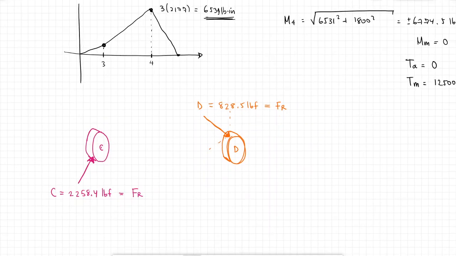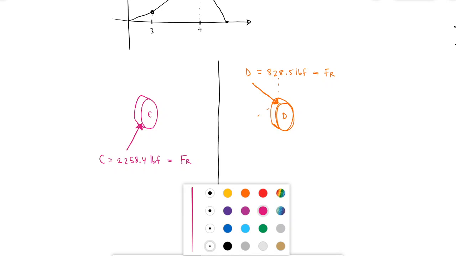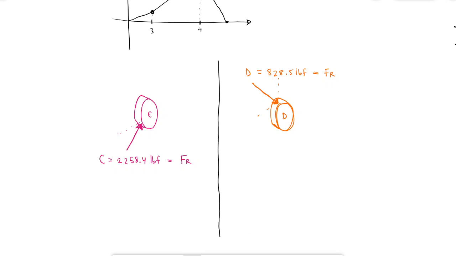We have two different problems here, one for D, one for C, and I only have the radial force for now, but I also know that it's under thrust. There's an axial load affecting both of them. I'm going to add this just so that you know where these were coming from. There was a component in the Z and one in the Y, and it ended up being a force going into the center, which is a radial force.